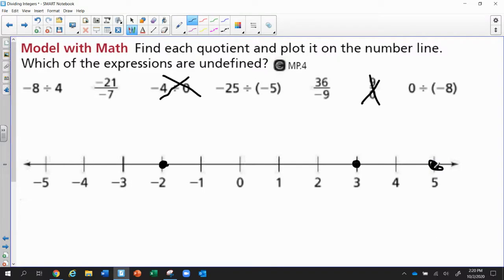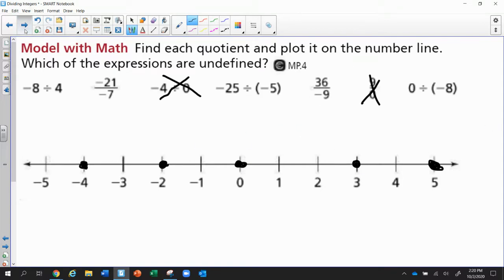And it's the same like our multiplication facts. 36 divided by negative 9. So positive divided by a negative. That's going to give me a negative 4. And then we can do 0 divided by 8. That's just going to give us 0. We just can't divide anything by 0.